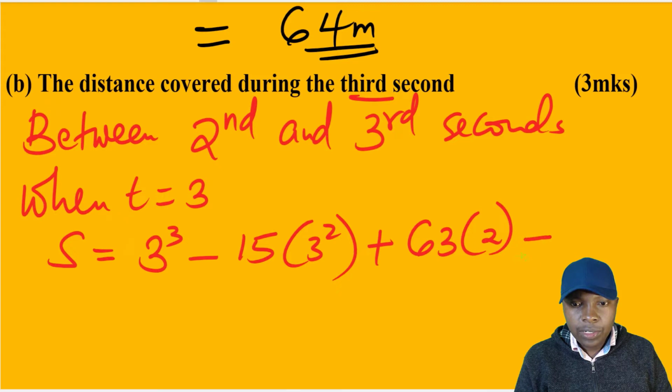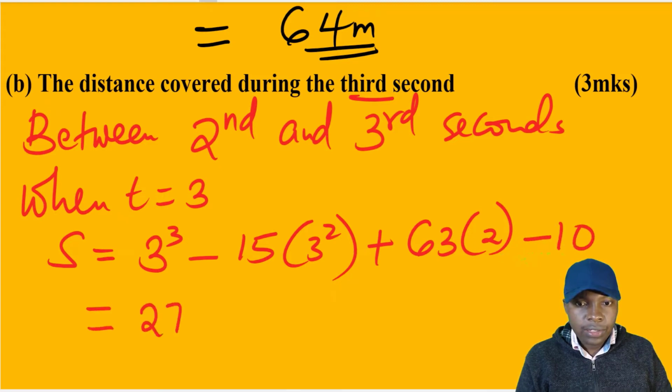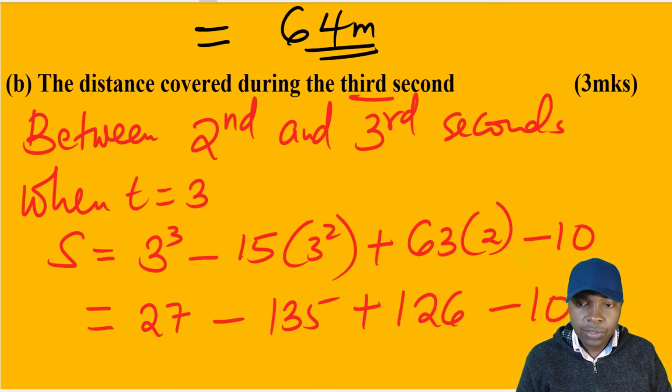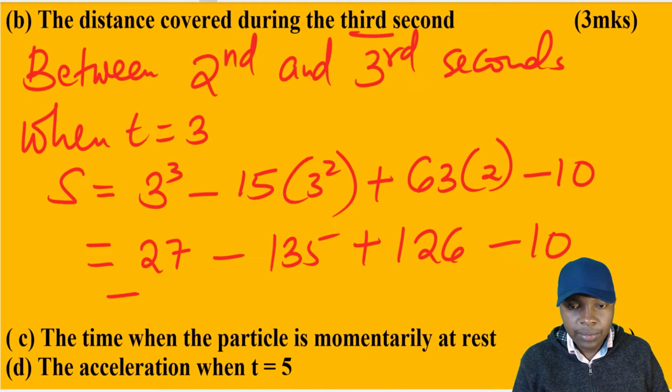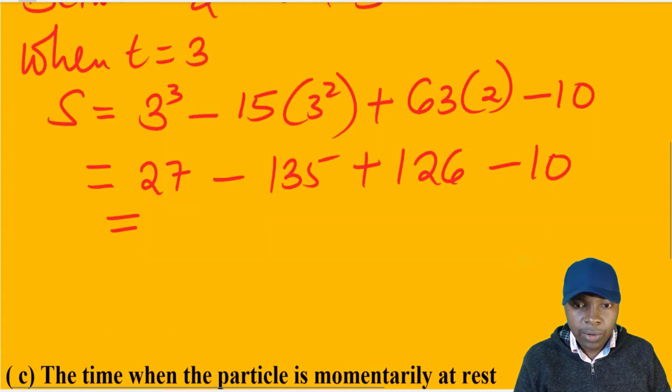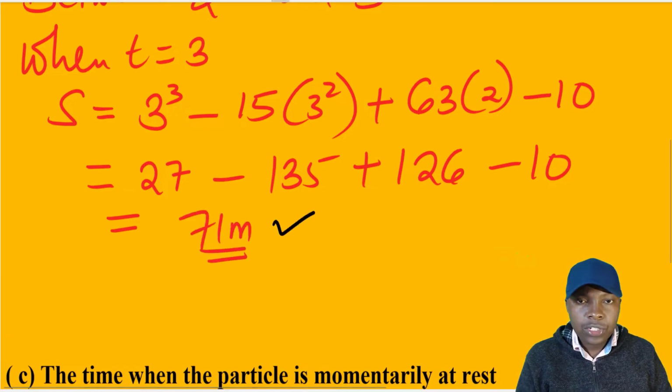This gives 27 minus 15 multiplied by 9, which is 135, plus 189, subtract 10. Working this out using a calculator, we get the distance when t is equal to 3 as 71 meters.